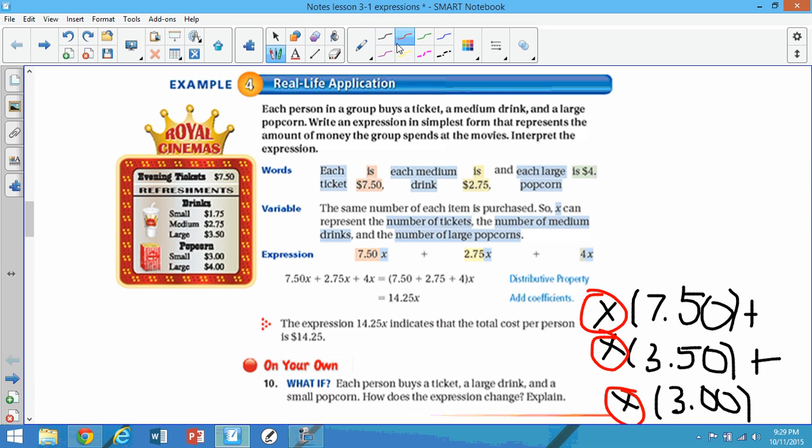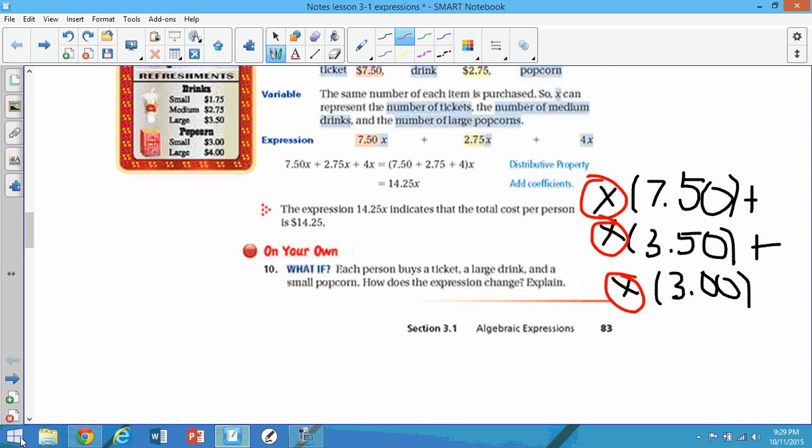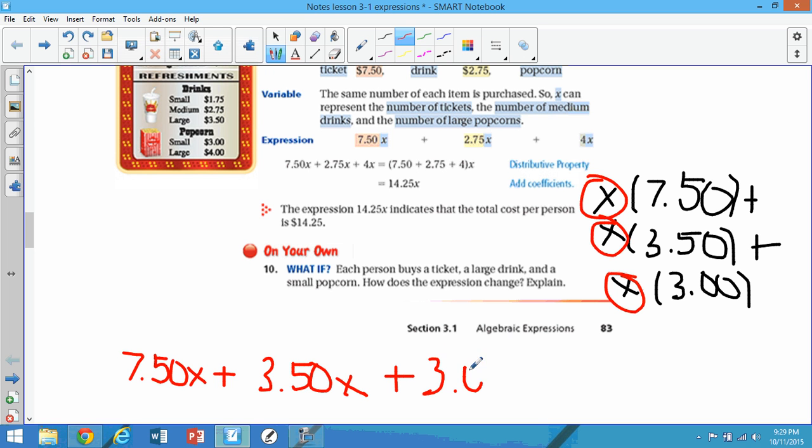So then what you do is you could rewrite this, and I think I probably would, 7.50x plus 3.50x plus 3.00x.